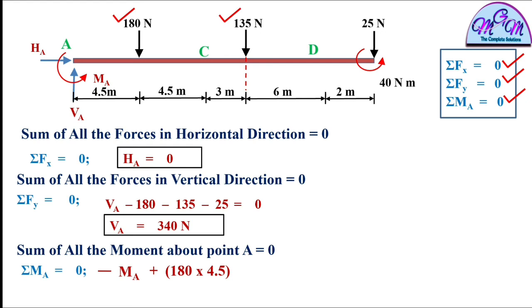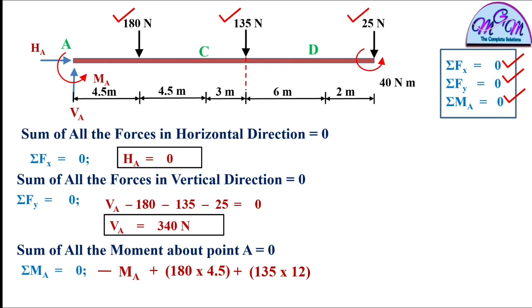The moment of 135 Newton is also in clockwise direction, and the perpendicular distance for this is 4.5 plus 4.5 plus 3 meter, that means 12 meter. So it is 135 into 12.